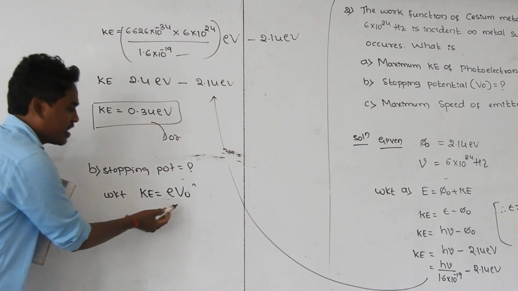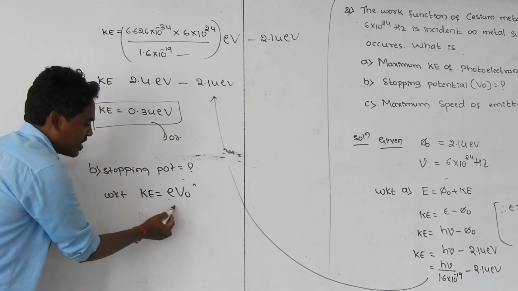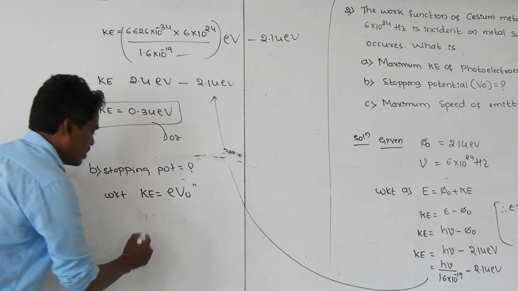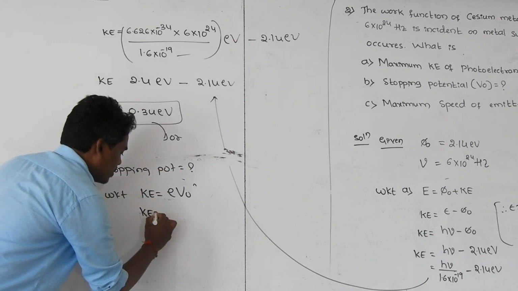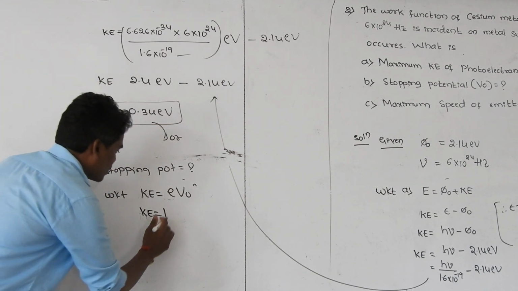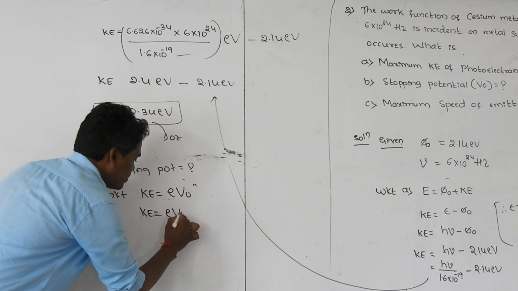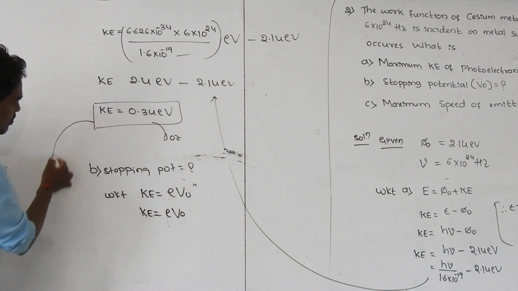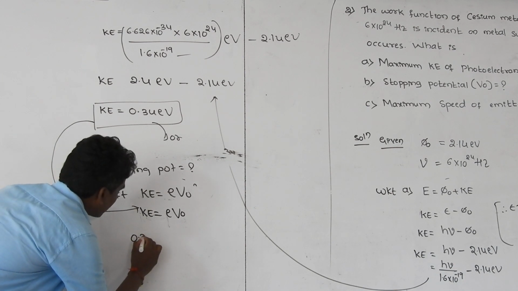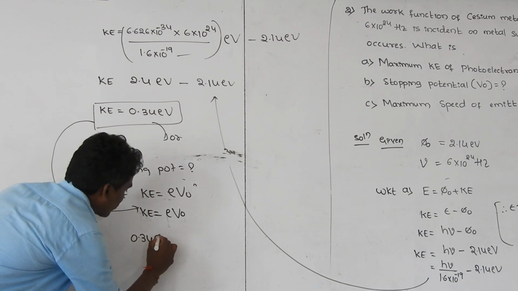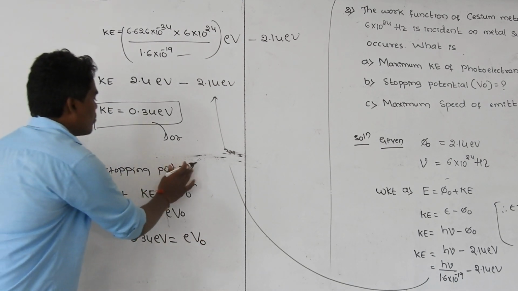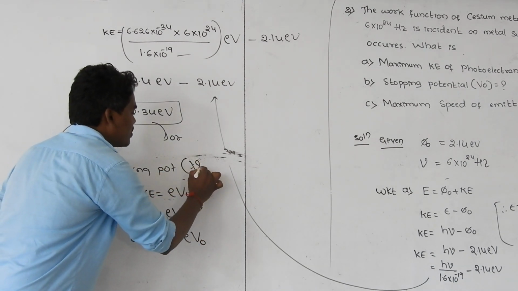The kinetic energy can be written in terms of stopping potential as e into V naught, charge of electron into potential difference. Here e is the charge, and eV naught as it is. So 0.34 electron volt is equal to e into V naught. We need to find the stopping potential, that means the V naught value.